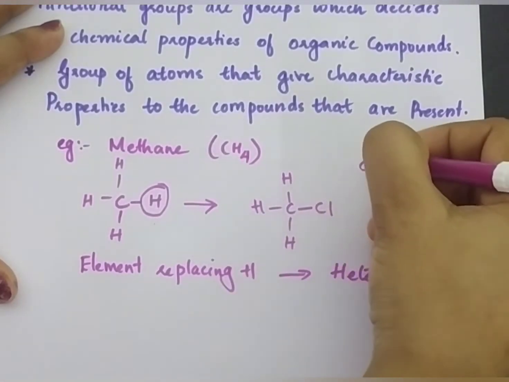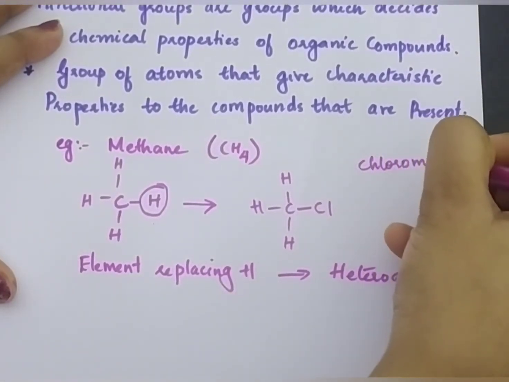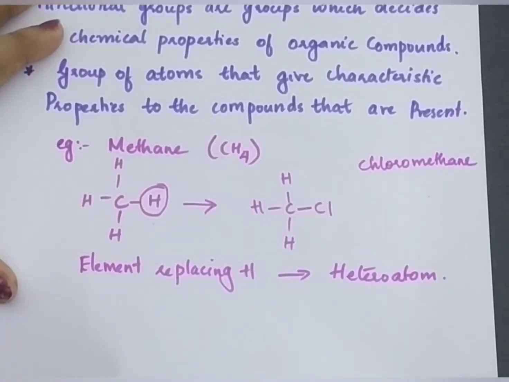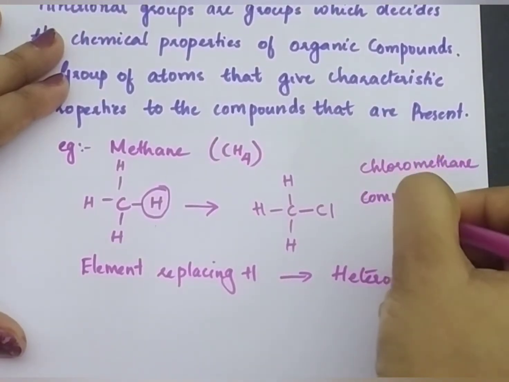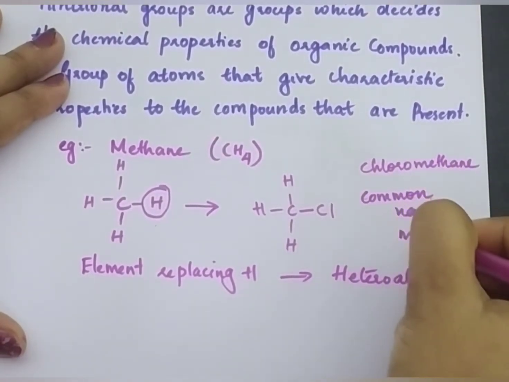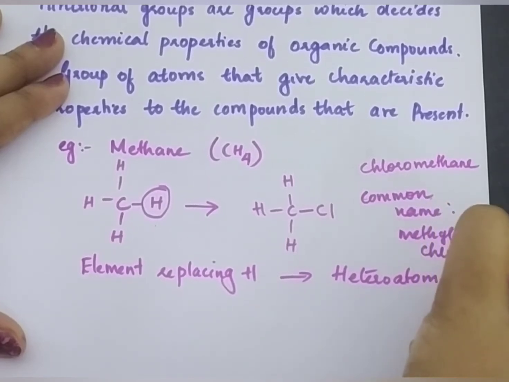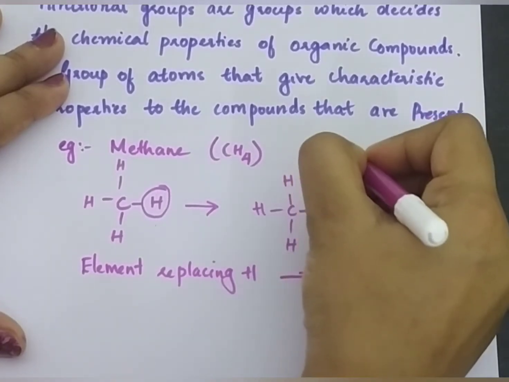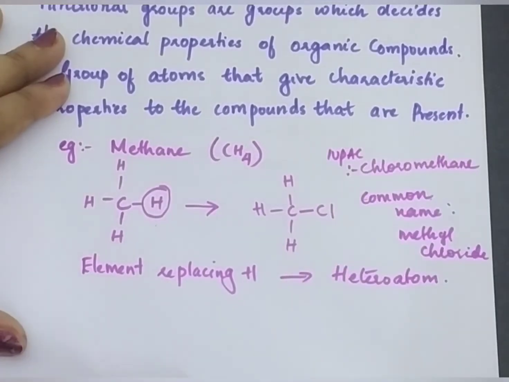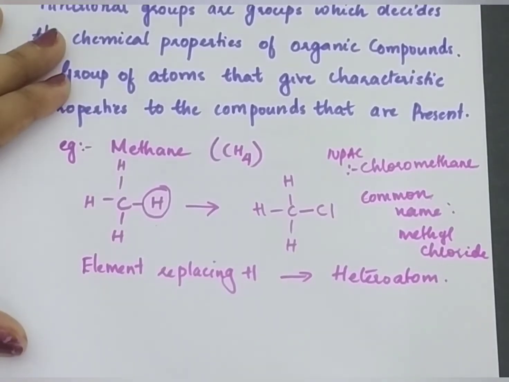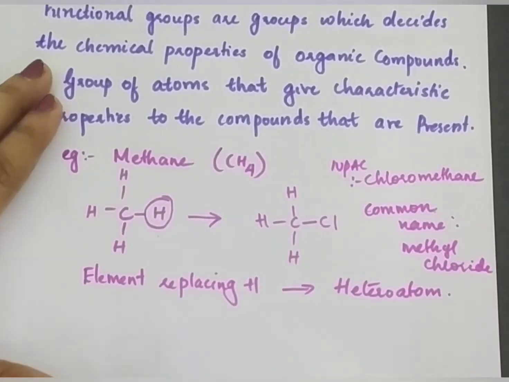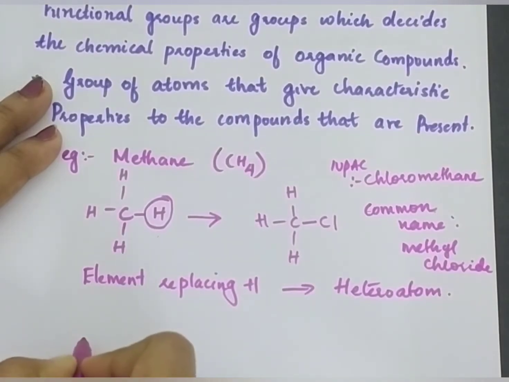What is the name of this compound? The IUPAC name is chloromethane. And the common name for this one is methyl chloride. Now let's take the example of ethane.